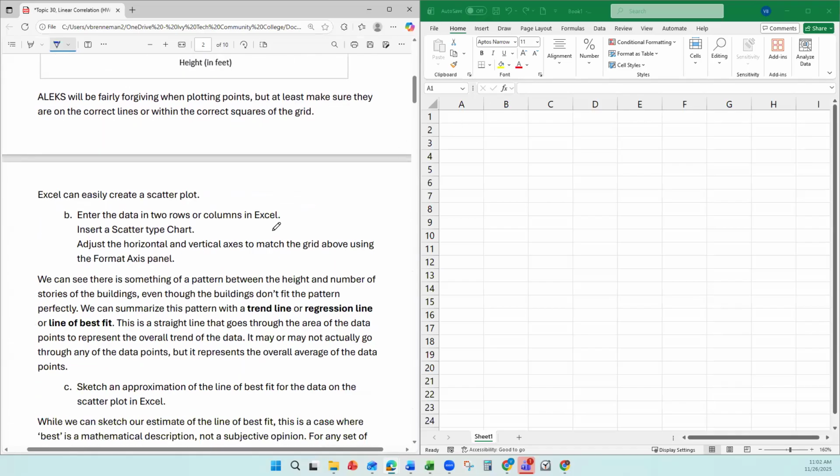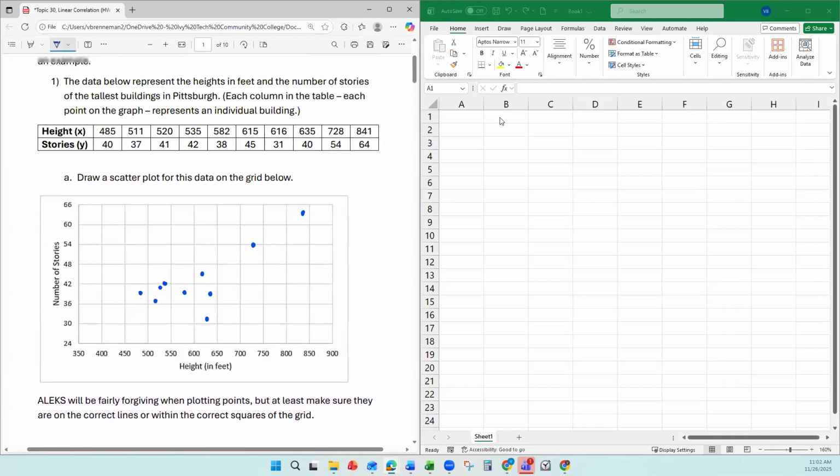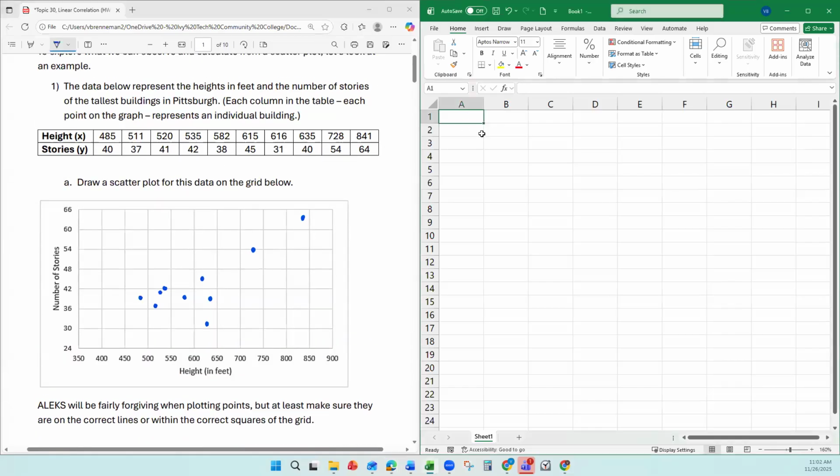For B, we're going to look at having Excel do this process because outside of class, that's going to be the easiest way to get a scatter plot rather than doing it by hand. So I'm going to put my heights in one column, stories in the next column.